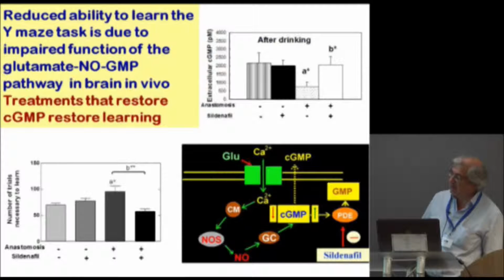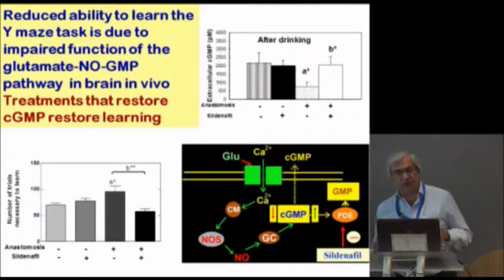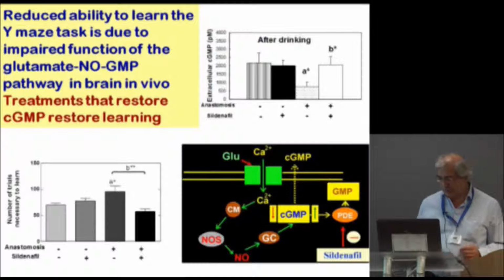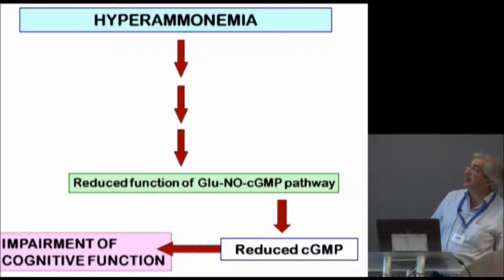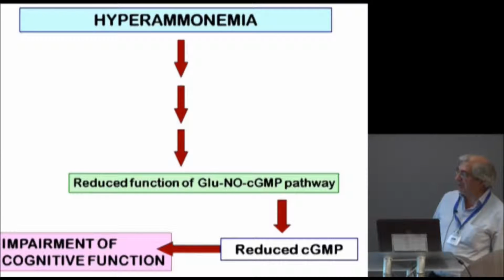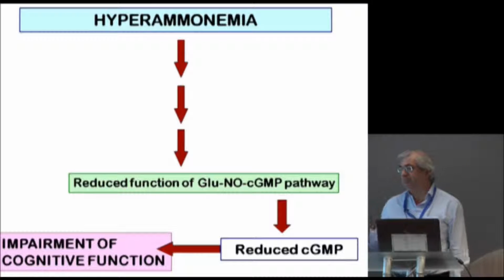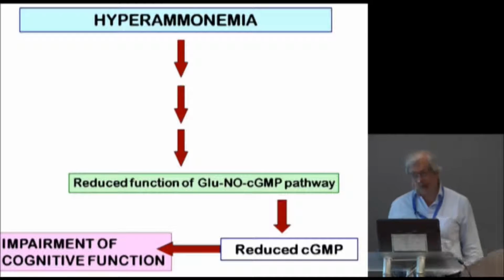Rats with portacaval shunt need more trials than control to learn, and if we treat them with sildenafil, this restores the ability to learn. Therefore, restoring the levels of cyclic GMP restores the function of the pathway. Then, these data show that hyperammonemia impairs the function of the pathway, reduces cyclic GMP, and this is responsible for impairment of this type of cognitive function.